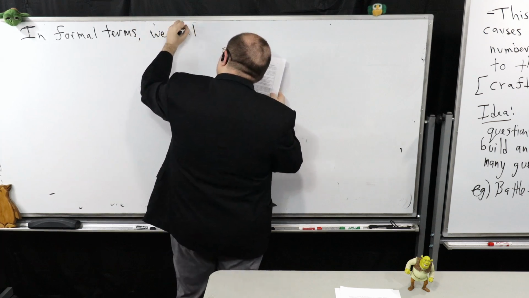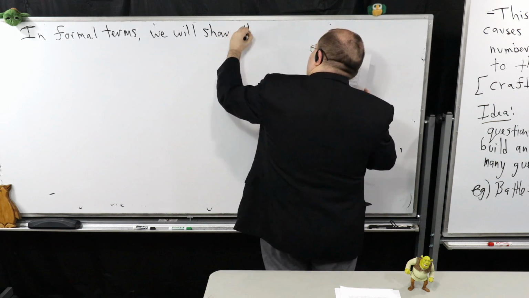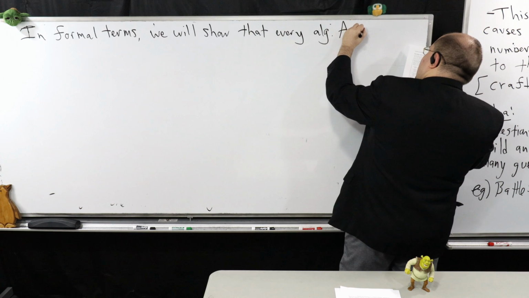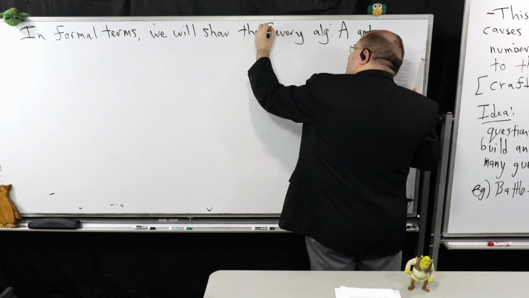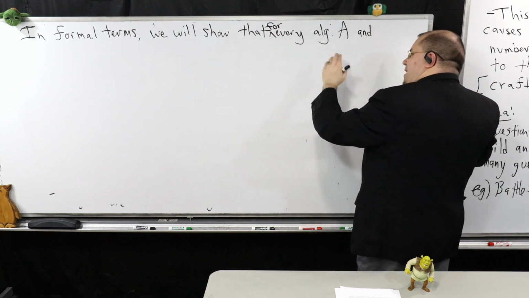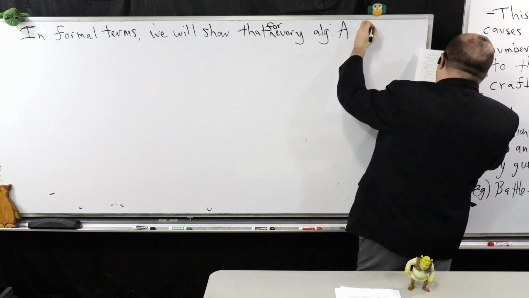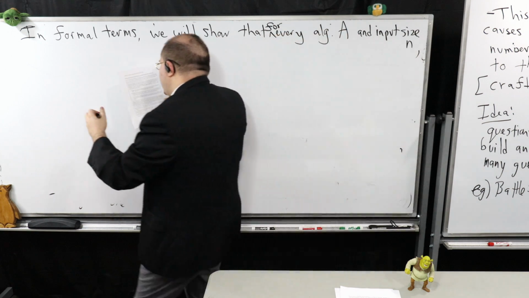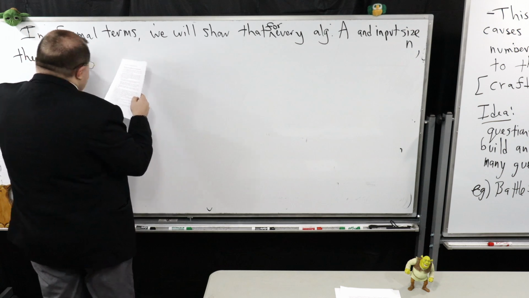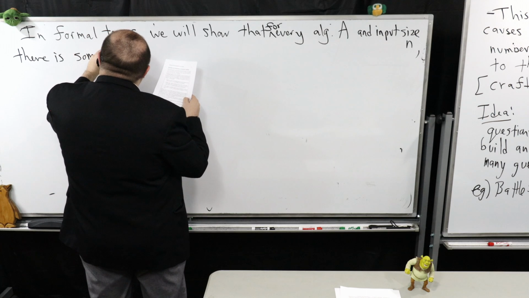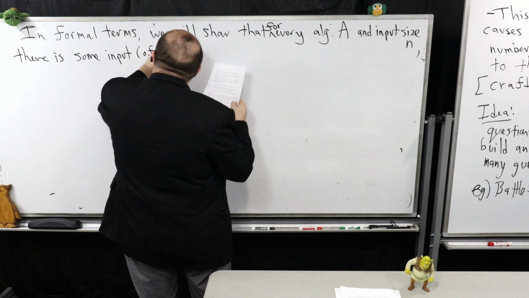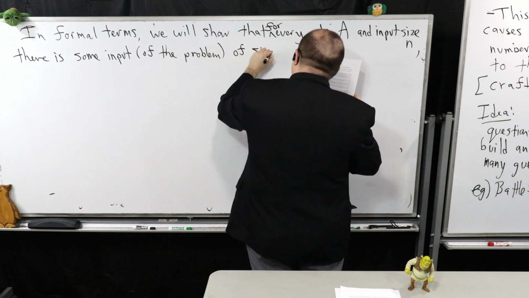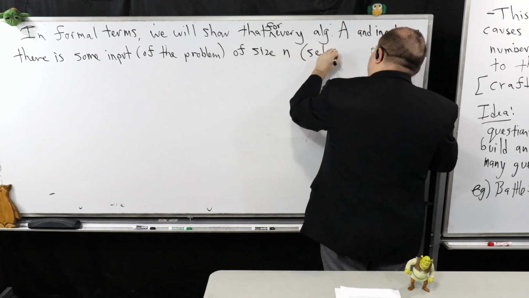we will show that for every algorithm A and input size n, there is some input of the problem of size n, and I must stress that this is selected by the adversary.